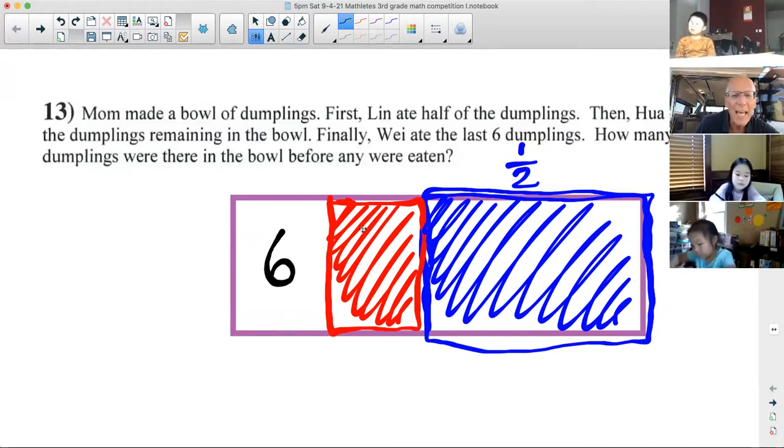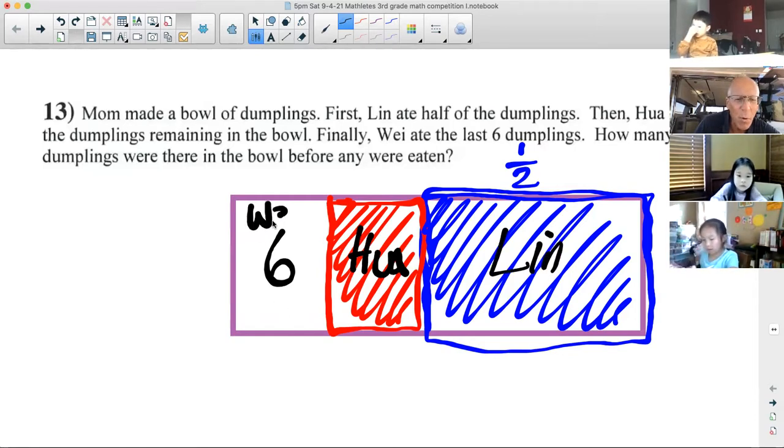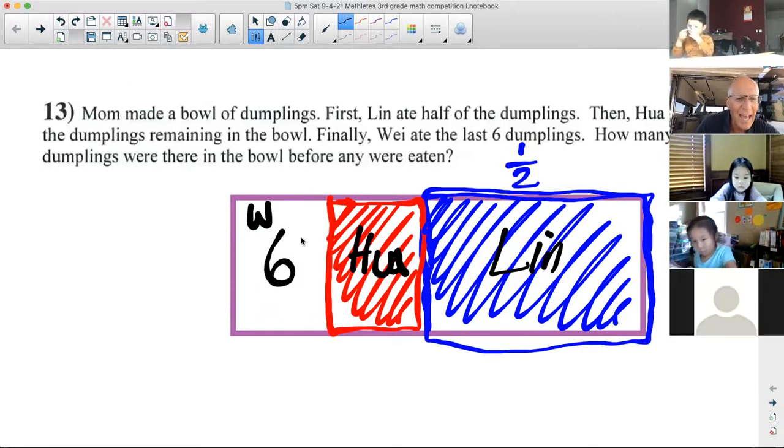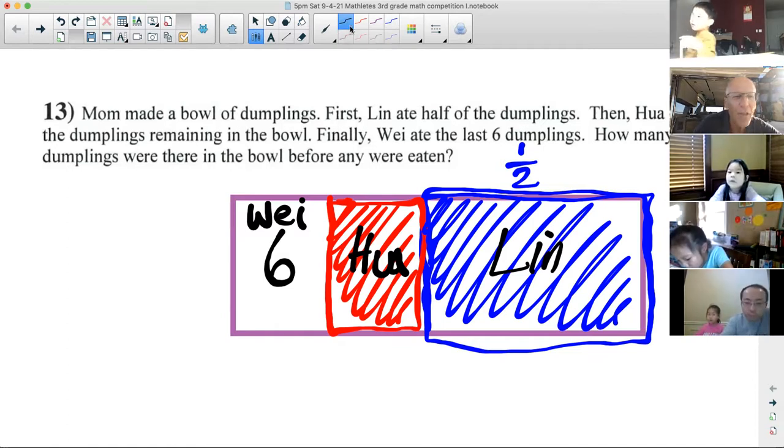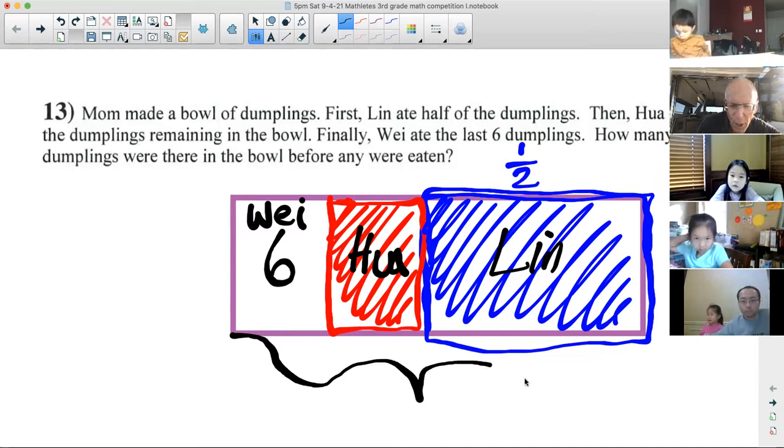So you know that this is Hua, and this was Lynn, and then this was Wei, and Wei ate the last 6 dumplings. So the big question now is how many were in the bowl before any were eaten?